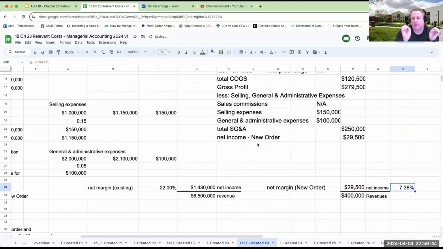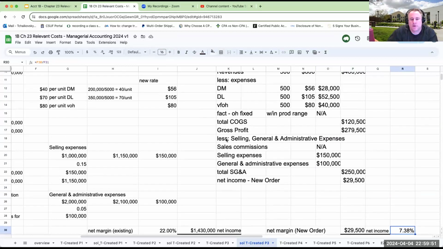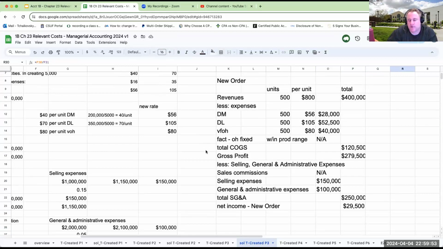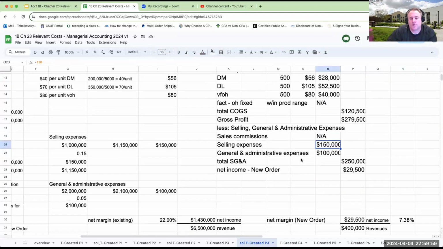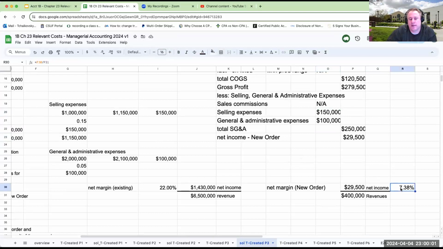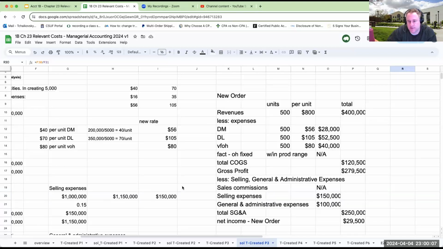What I have to be very careful about is when I'm dealing with salespeople who are maybe bringing this in, the salesperson maybe just cares about a commission. They're not getting paid anything here in this case, but my selling expenses are going up. So I have to be careful that this new order has a lower net margin than my existing business. Do I want to take on the risk?